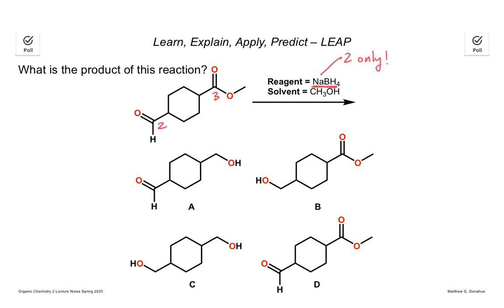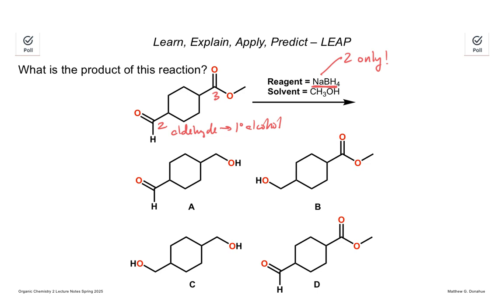So sodium borohydride only goes after oxidation state 2. And because we're starting with an aldehyde, that must form a primary alcohol.